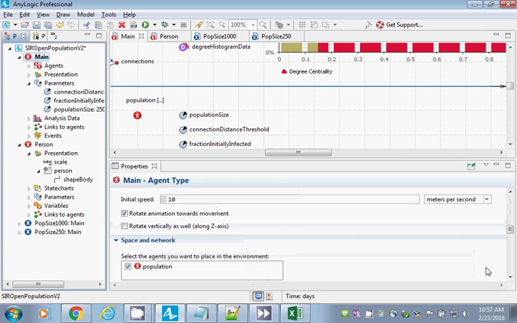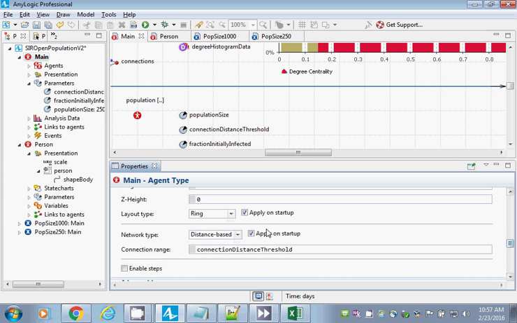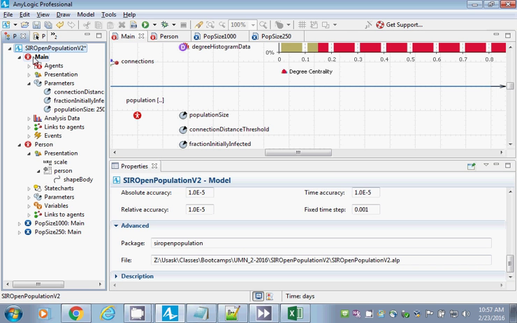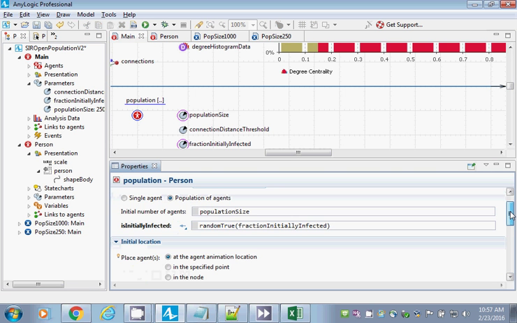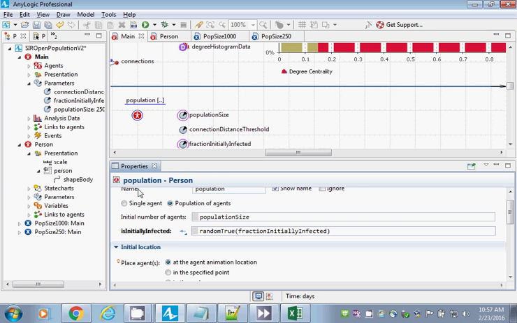This layout we just saw here, it's going to be a ring layout. I've got to lay them out along this ring. Who are they connected to? Well, that will be based on this and this threshold. But in terms of the other attributes of that person, those are set by this population here.